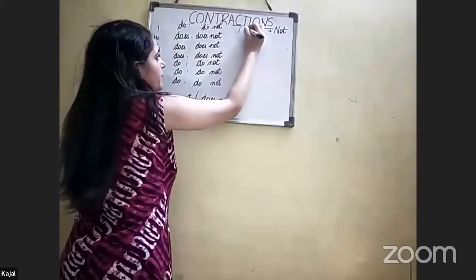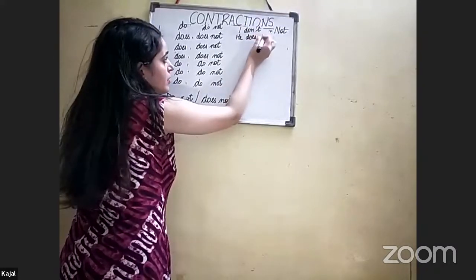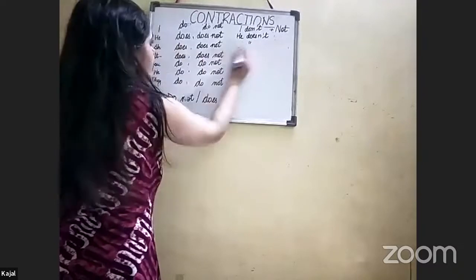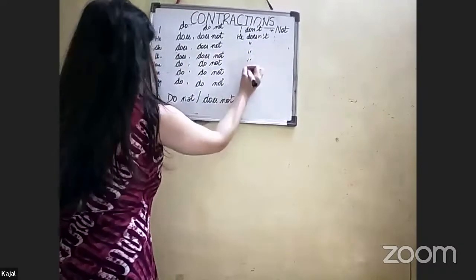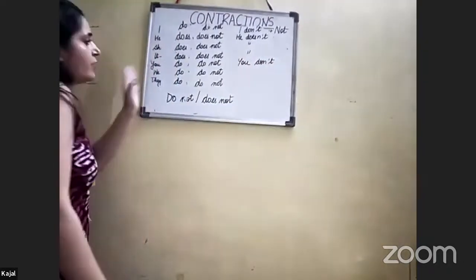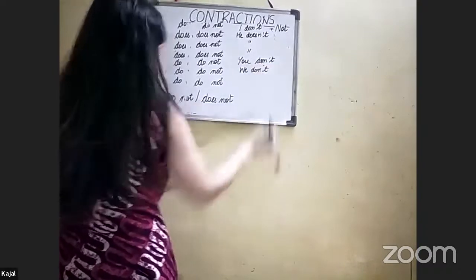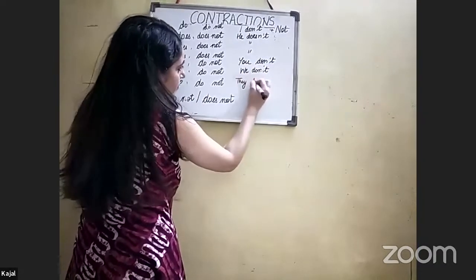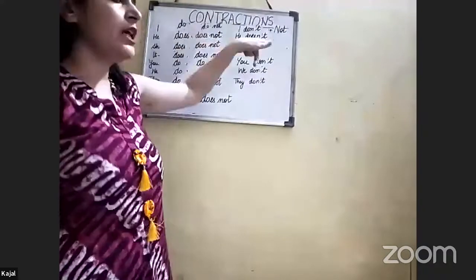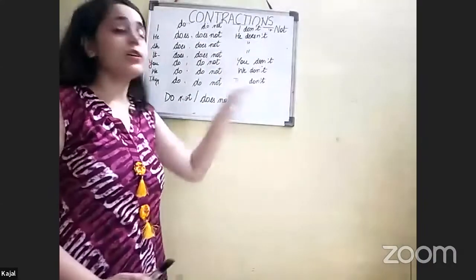So it is I don't, he doesn't, she doesn't, it doesn't, you don't, we don't, and they don't.